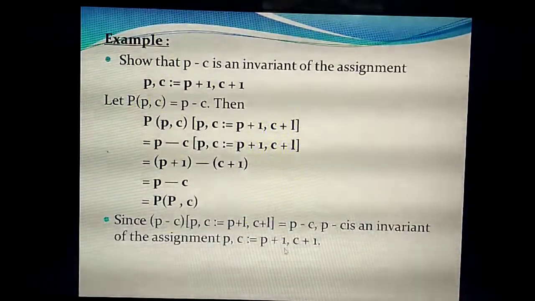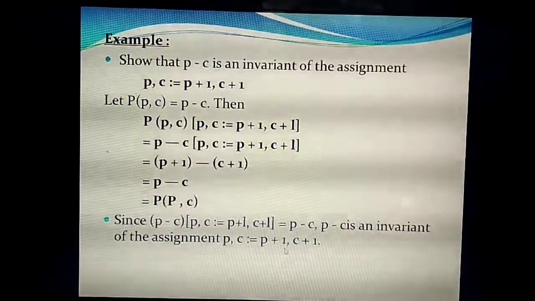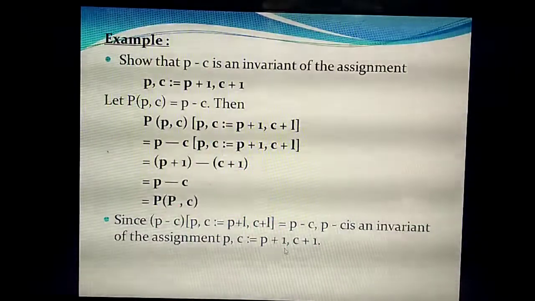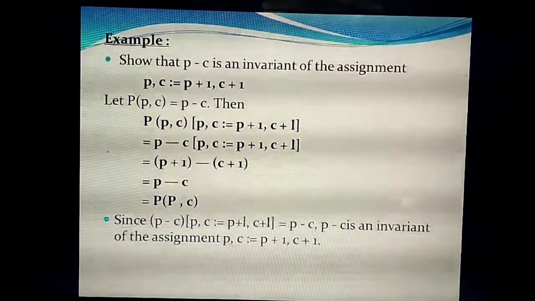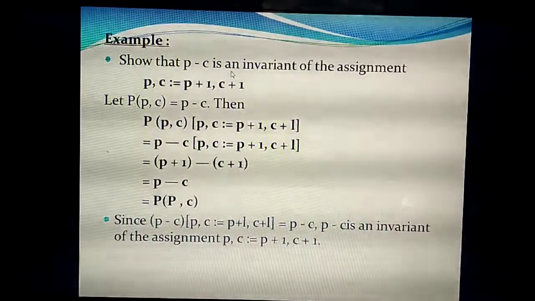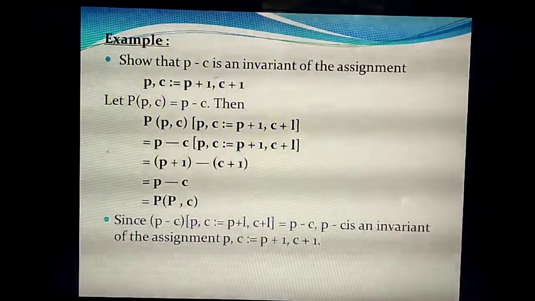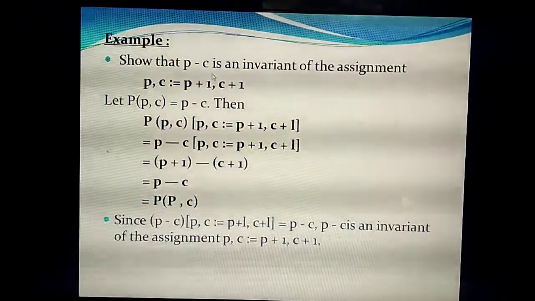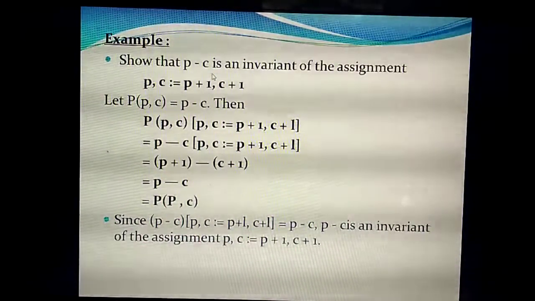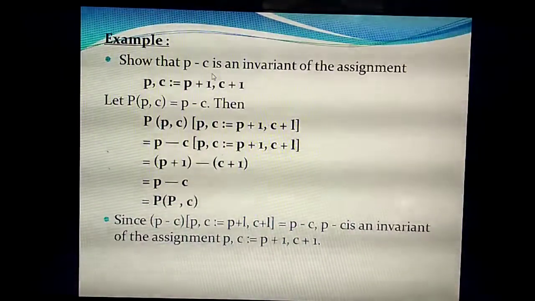So by substituting the values, like we saw in the last slide with E1 and E2, in the same format you are going to prove that P minus C is an invariant. Already you have studied invariant, and the same problem we have proved. But now, using this assignment of two values E1 and E2, in the same format you are going to prove this P minus C is an invariant.